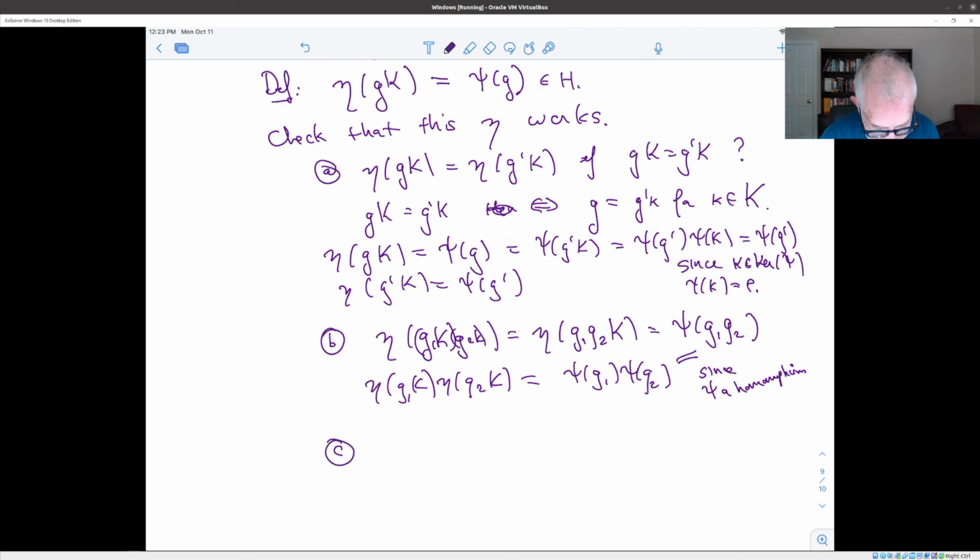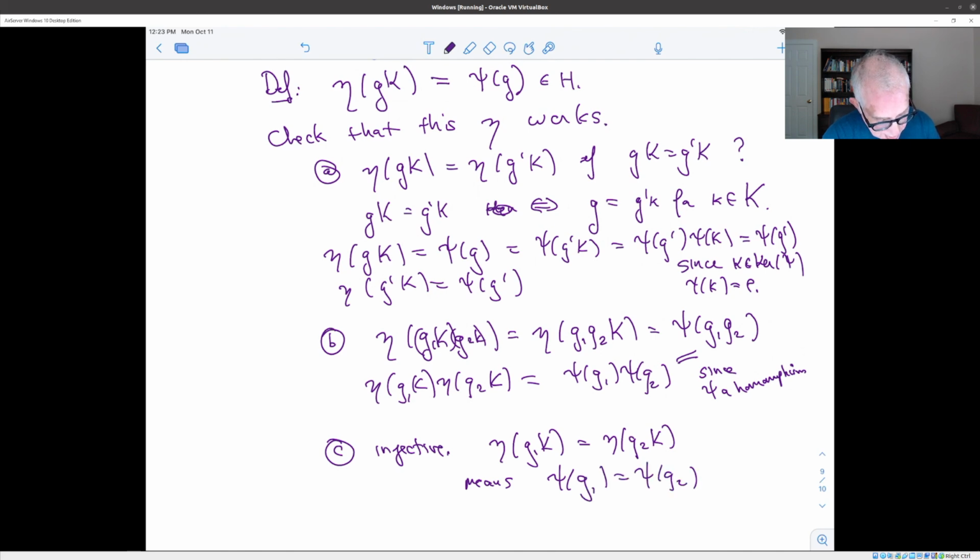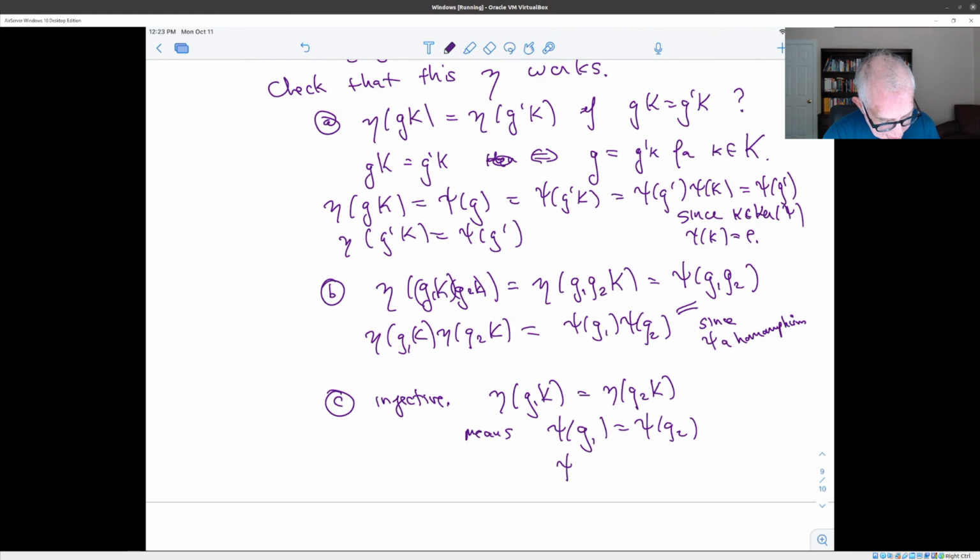So let's check that it's injective. Injective means we assume that eta of g1k equals eta of g2k. Well, that means psi of g1 equals psi of g2. And that means that psi of g1 psi of g2 inverse is the identity.